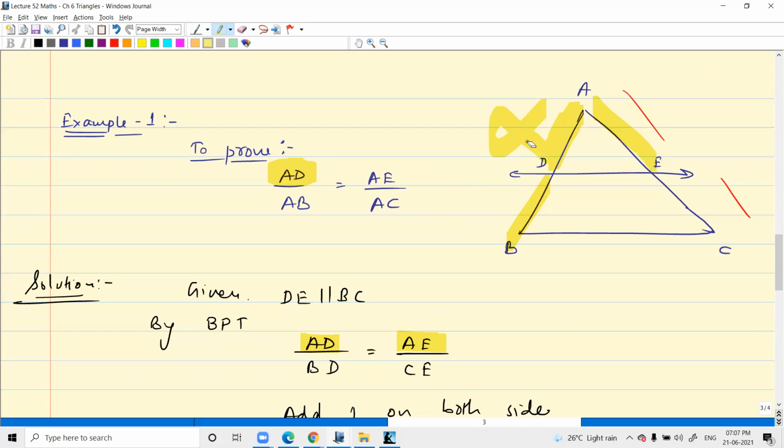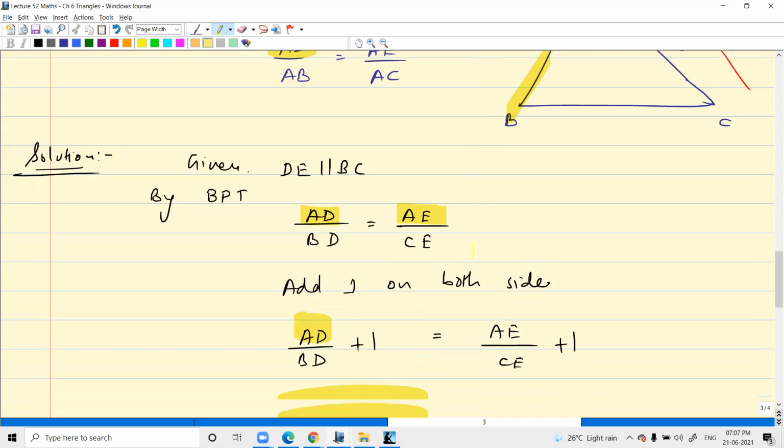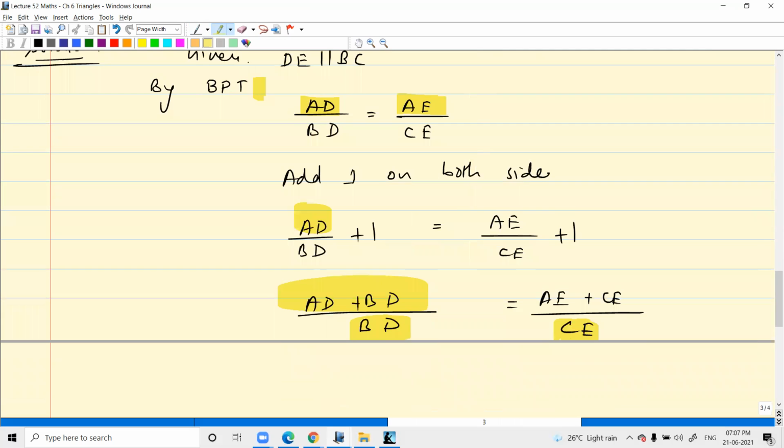So AD got removed from the equation by adding one over here itself. So remember, always the numerator gets removed. That is something you need to remember. If I added one here, the numerator, which is AD and AE, got removed, which is not what we wanted.